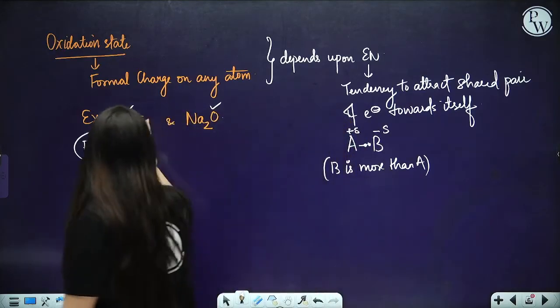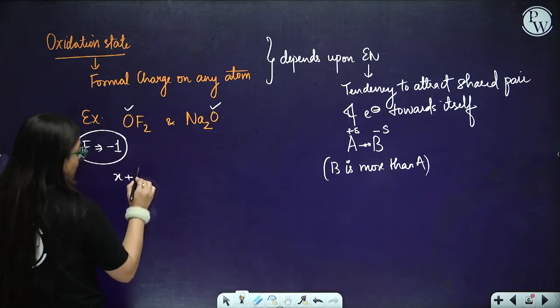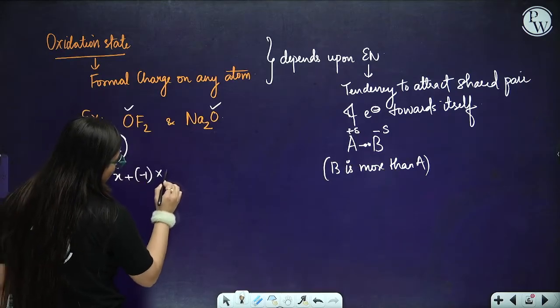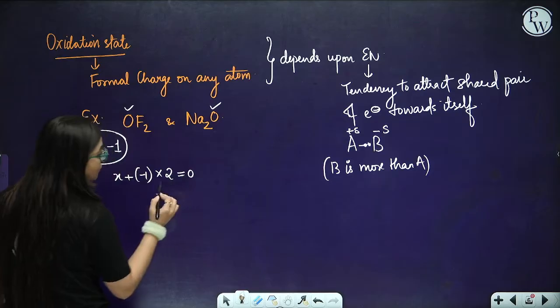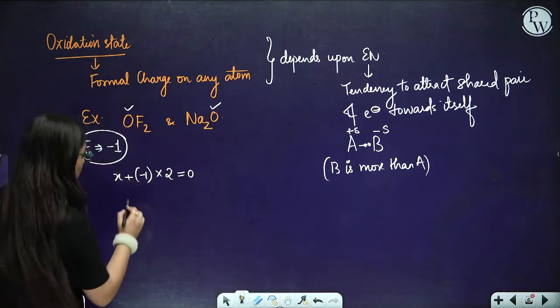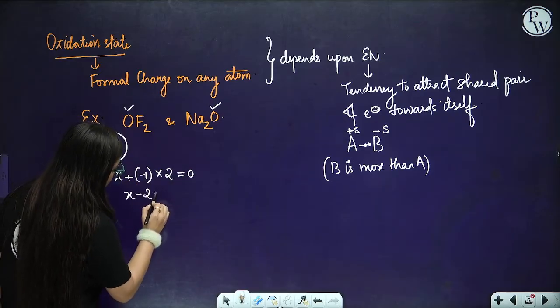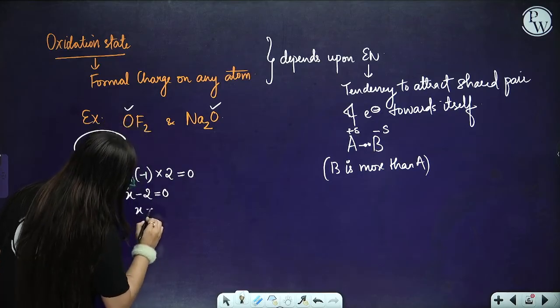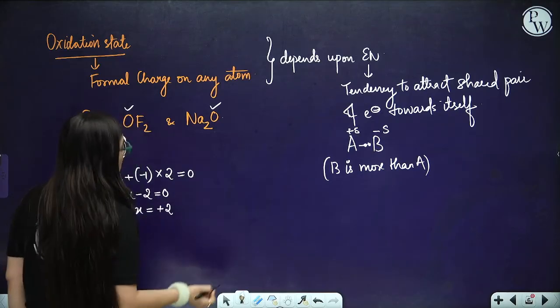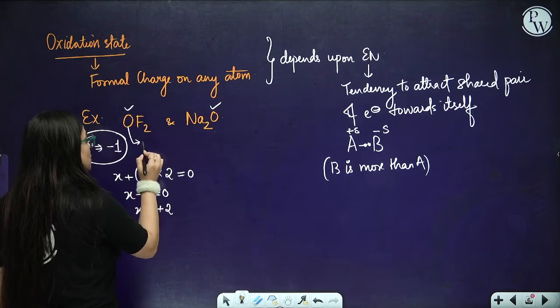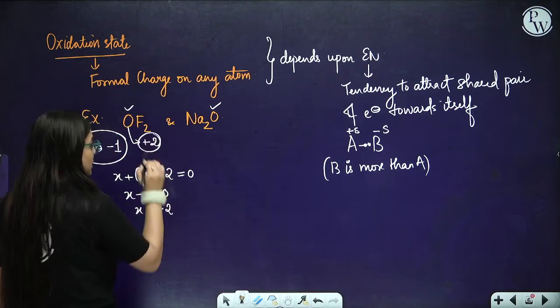Here nothing is written. So X plus, for fluorine we know it is -1 oxidation state. How many fluorine? 2. Overall charge will be equal to 0, because it is a neutral molecule. So X minus 2 is equal to 0. X here comes out to be how much, ma'am? It comes out to be +2. That means oxygen over here is in +2 oxidation state.